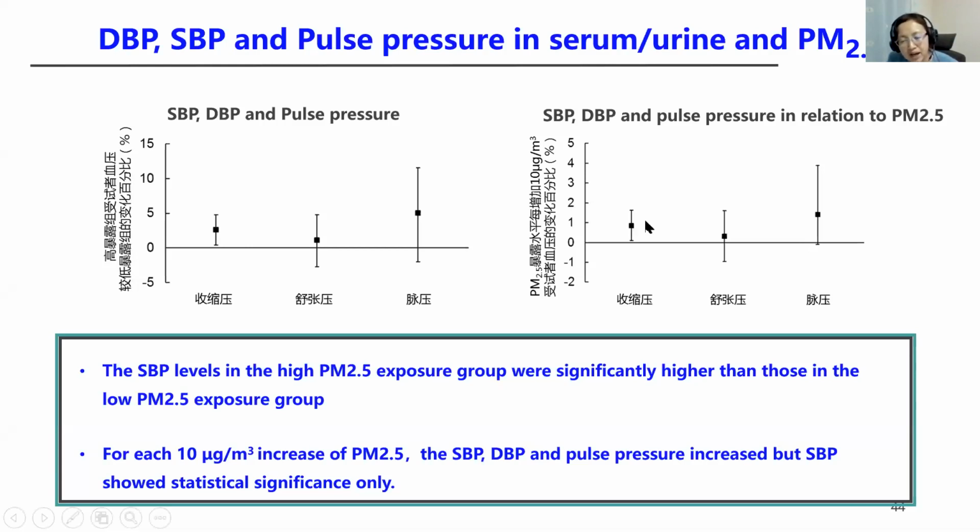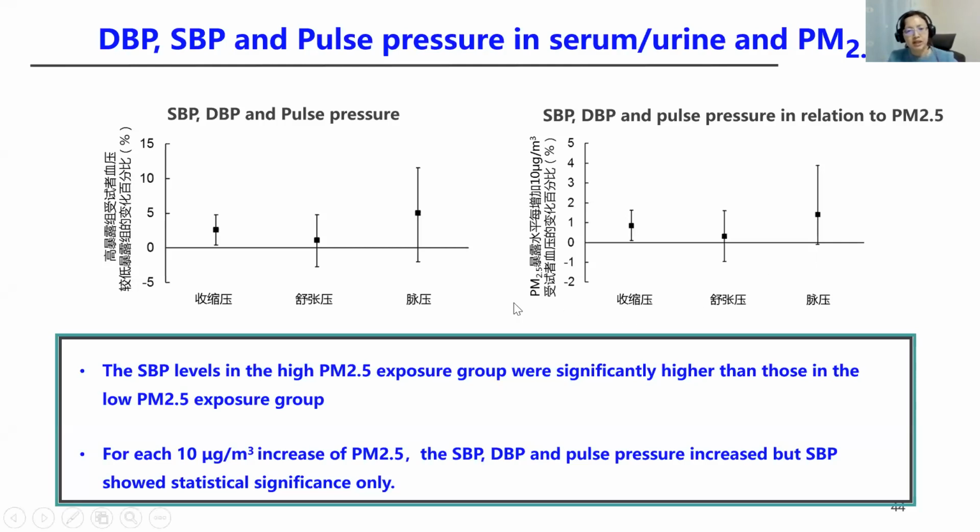And the right side is the figure to quantitatively calculate the percentage increase of blood pressure corresponding to every 10 microgram per cubic meter increase of PM2.5.